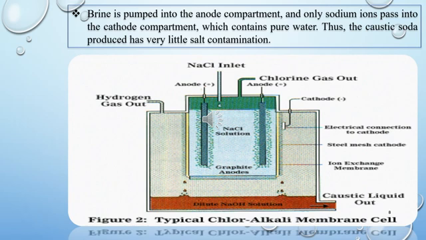Dear students, so far we have discussed the working of the membrane cell. In that cell, there are two electrodes, anode and cathode, and these electrodes are separated by a semi-permeable membrane, which is formed by plastic sheets, and those plastic sheets are chemically active, which will not allow the chloride ion and hydroxyl ion to pass through it from the anode chamber.